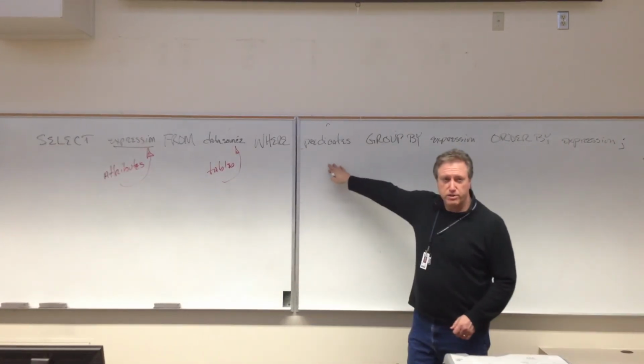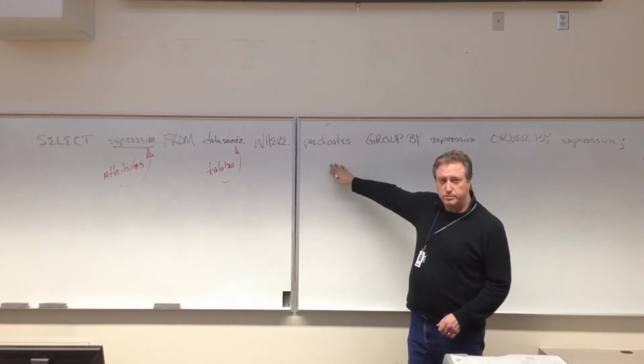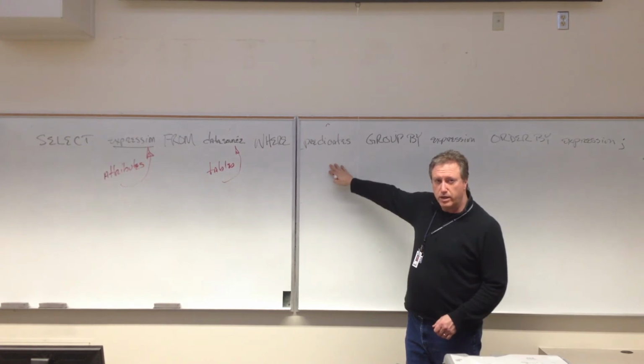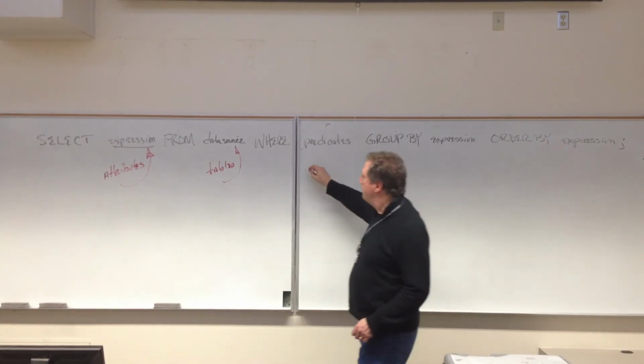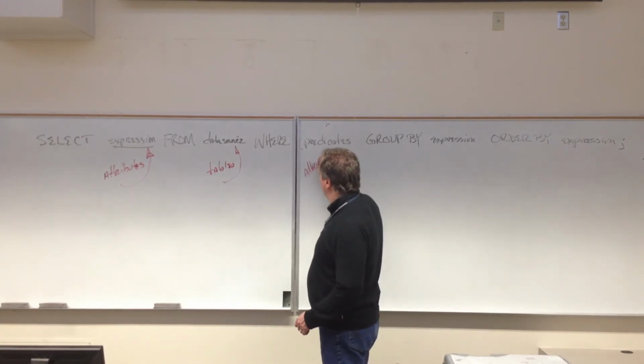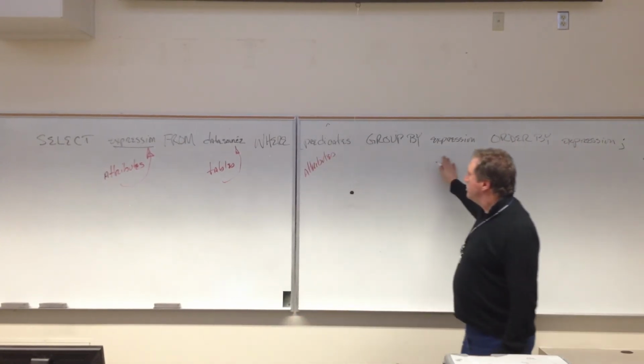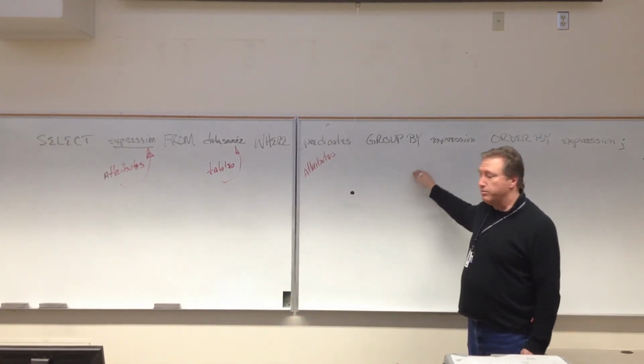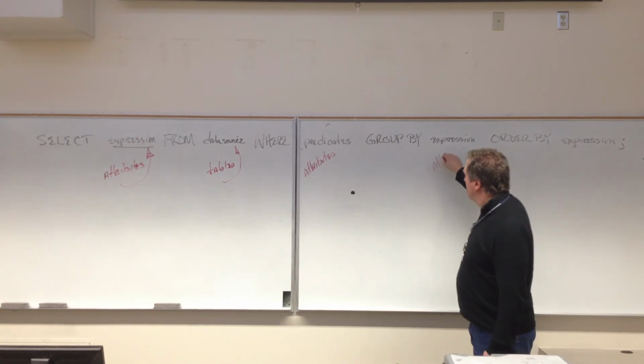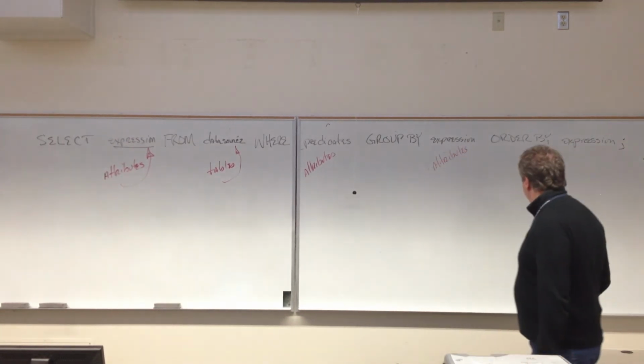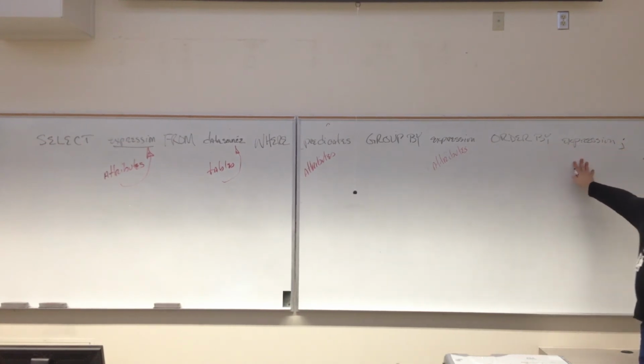Can I use attributes here as well? In the where? Yeah, because you're giving it equals, this attribute equals that attribute. Group by is also a place where you use attributes. And then order by is just a way of sorting things and putting them in a particular order.